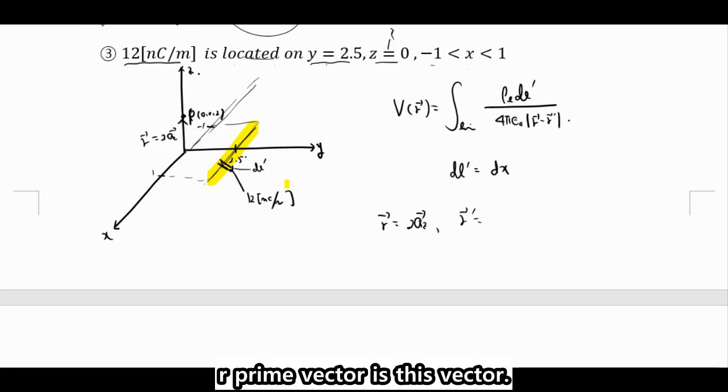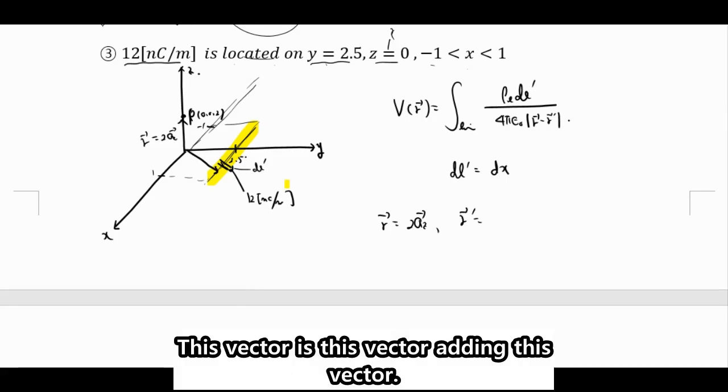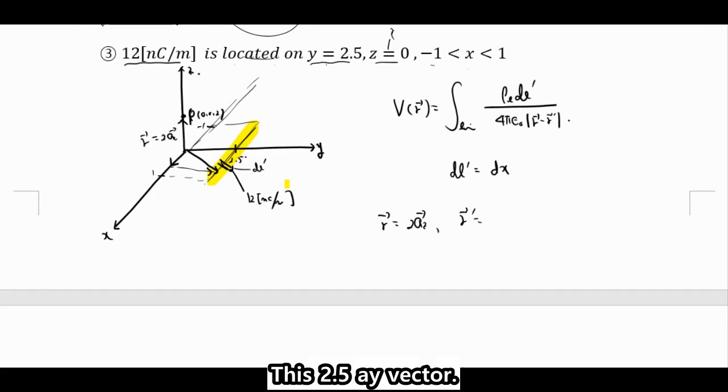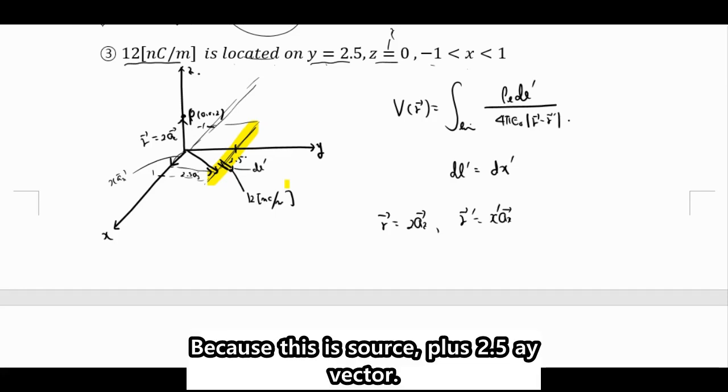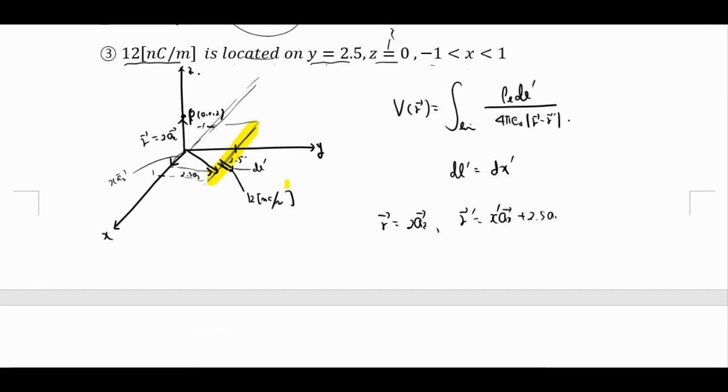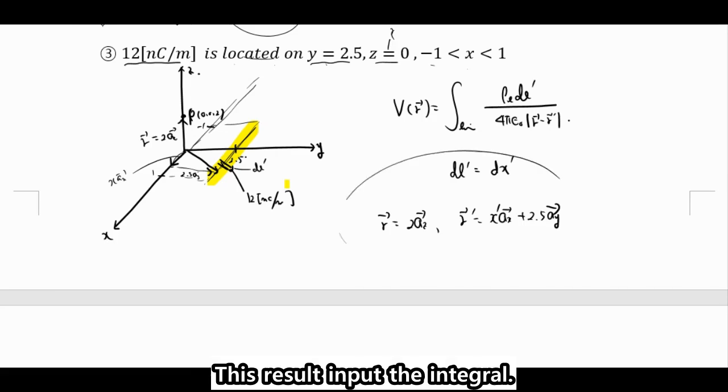R prime vector is this vector, this vector adding this vector. This is 2.5 ay vector, and this vector is x ax vector. So x prime ax vector, this is prime because this is the source, plus 2.5 ay vector. This result goes into the integral.